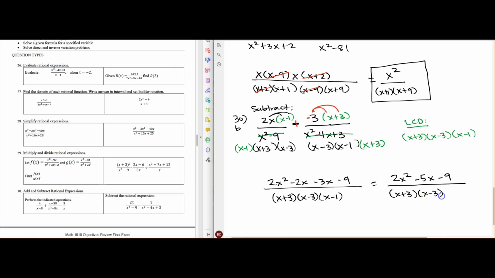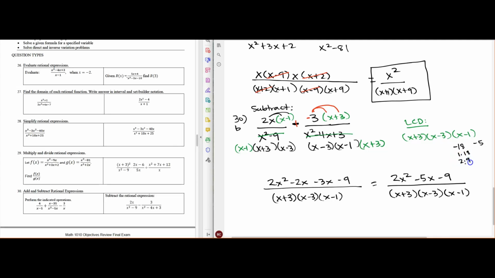And then you'd want to look and see if this would factor, because maybe one of the factors there will cancel out with one of those factors on the bottom. So if we're just trying to think through it, 2 times negative 9, so what multiplies to be negative 18 that adds to be negative 5? Is there anything? 1 and 18.